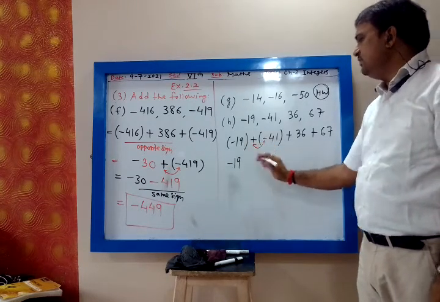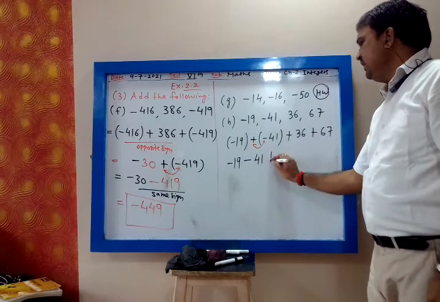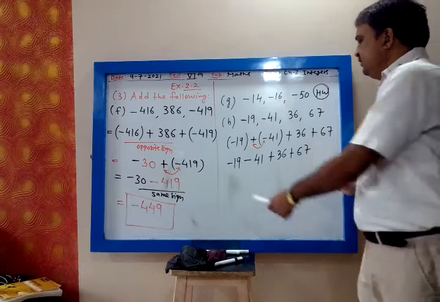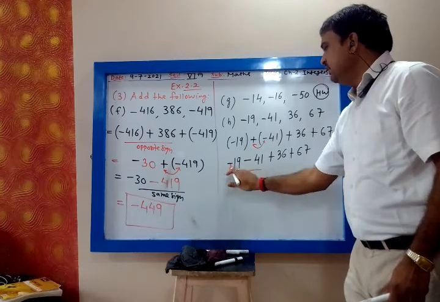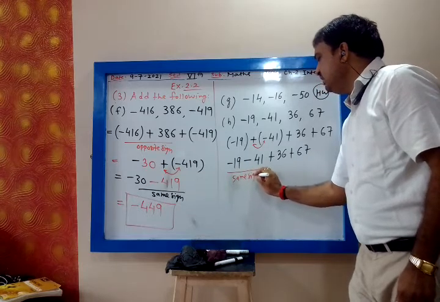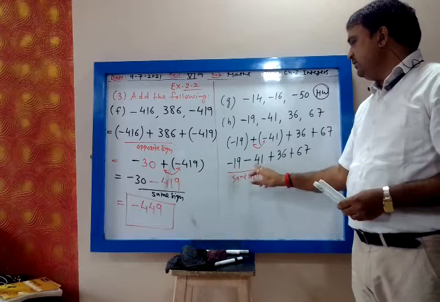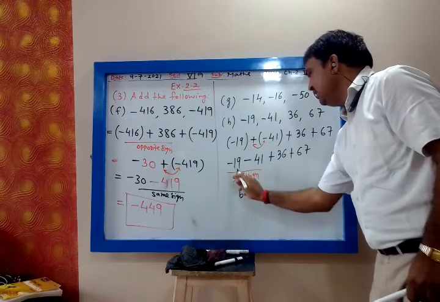So plus into minus, minus 41. Other numbers we keep as they are, 36 plus 67. Let us first solve these two. Minus 19 and minus 41. Minus minus, they have the same sign. So whenever they have the same sign, you have to add the number and take the common sign. So 19 plus 41 is 60 and the common sign is minus.